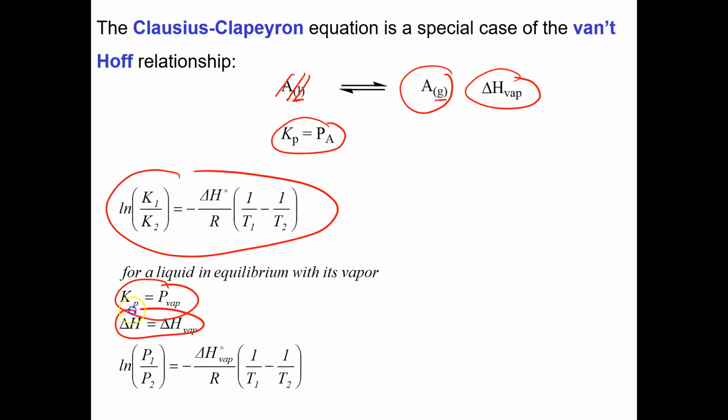And as our enthalpy change is equal to our enthalpy of vaporization, this will be equal to the negative of the enthalpy of vaporization over R multiplied by 1 on T1 minus 1 on T2, which is our Clausius-Clapeyron equation.